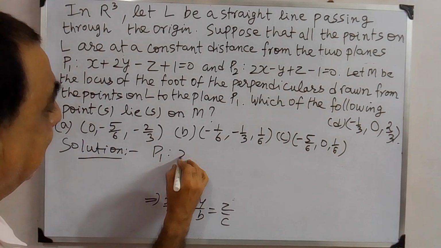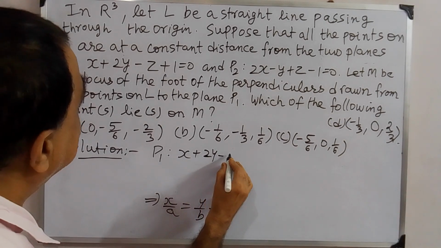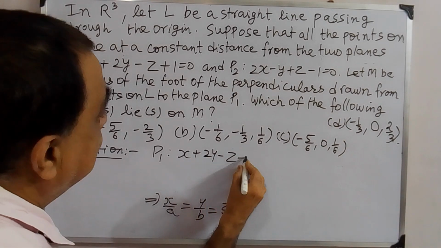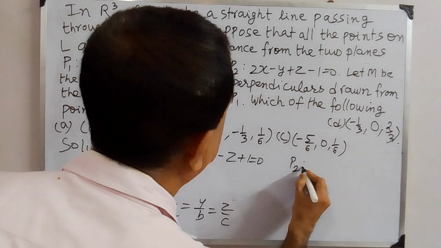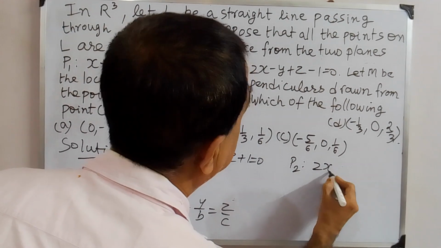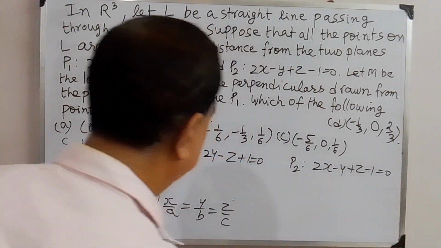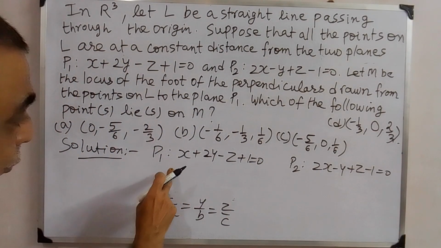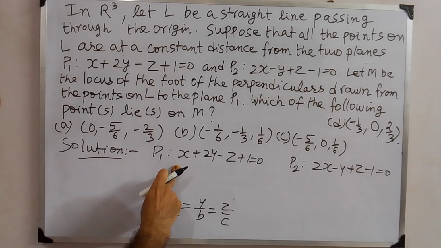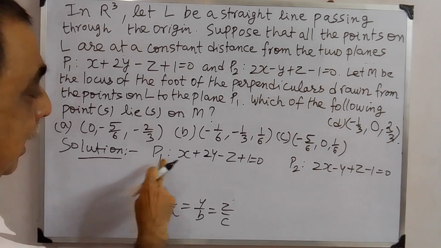P1 is x plus 2y minus z plus 1 equals 0 and the P2 equation is 2x minus y plus z minus 1 equals 0.